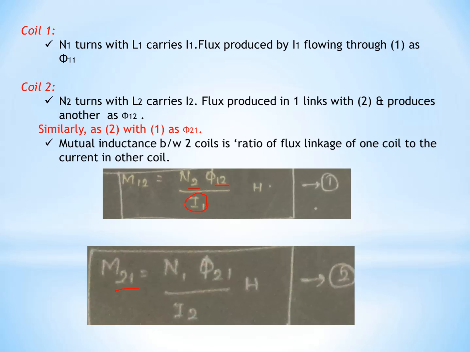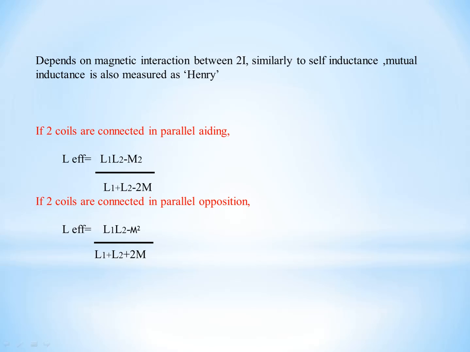Similarly for 2 to 1, the output is coil 1, so N1 phi 21 over the other coil's current, I2. H represents the unit Henry. It also depends on the magnetic interaction between the two currents. It is the same as self-inductance, meaning the unit is the same, Henry.